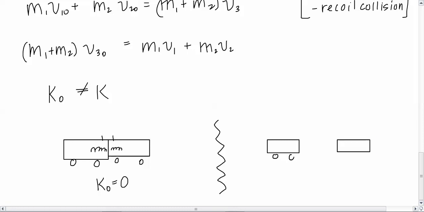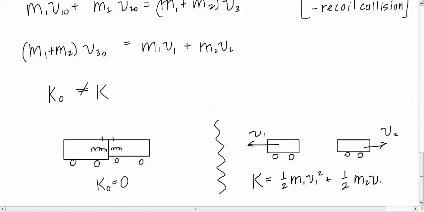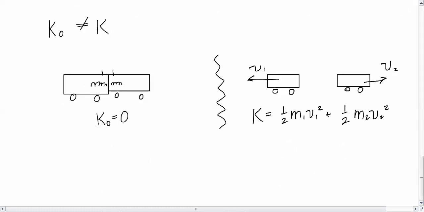So each one of them then has a velocity after the collision or uncollision, the explosion. So I'll call this one V1 and this one V2. So there is a kinetic energy of the system of 1/2 M1 V1 squared plus 1/2 M2 V2 squared. And so definitely there's a change in energy.